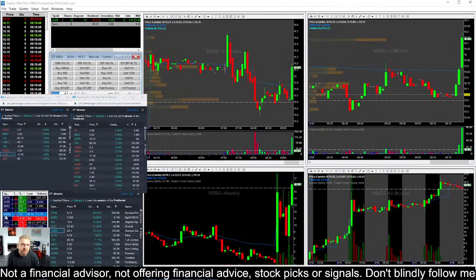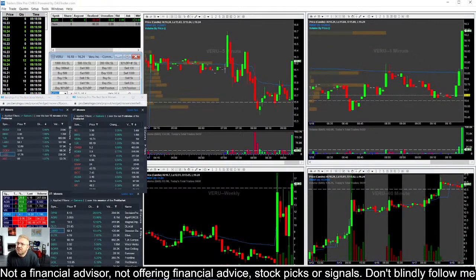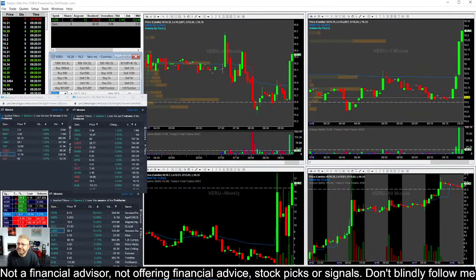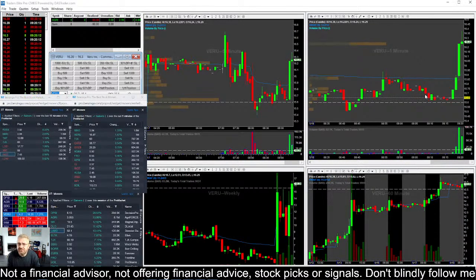And here we have our little friend VERU having a bit of a resurgence. I said it, I want to see it over 16 and hold over 16. What we don't want to be doing is chasing, because there was no entry here that I could see, not even on the 5 minute.